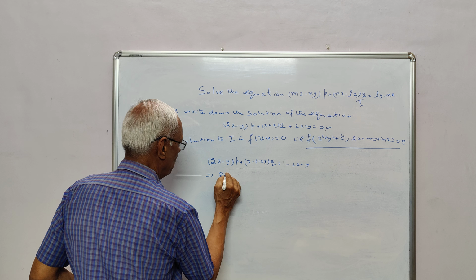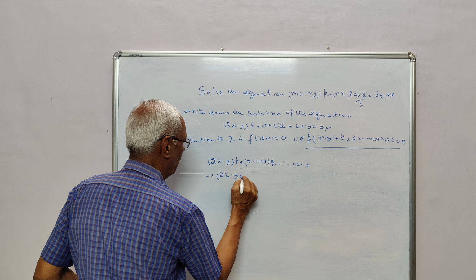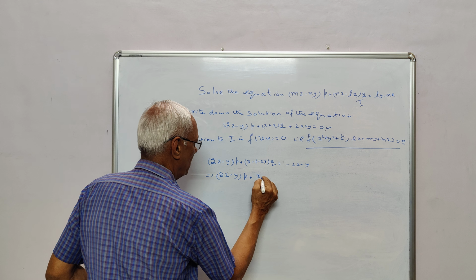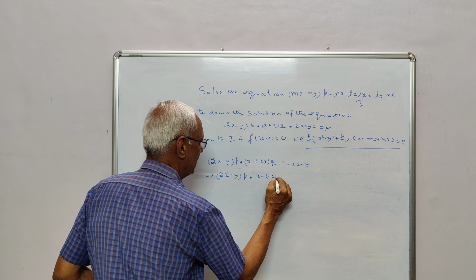This implies 2z minus y of p plus x of minus z minus 1.